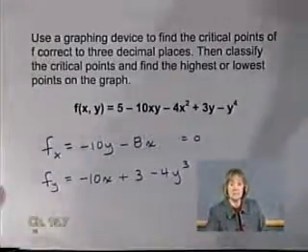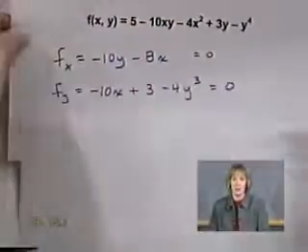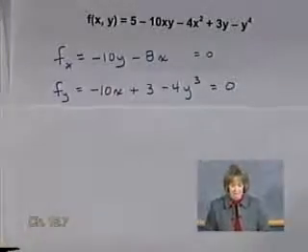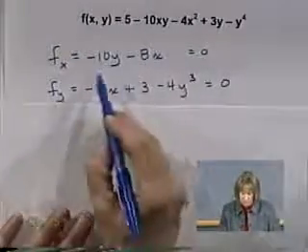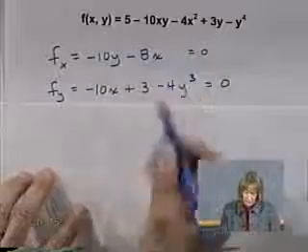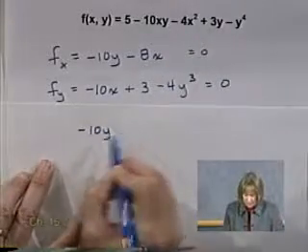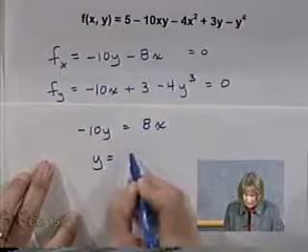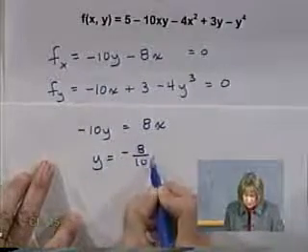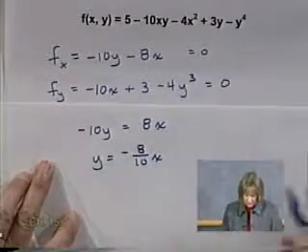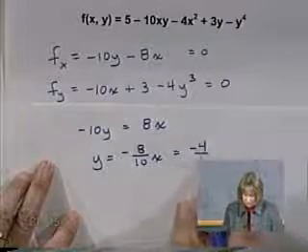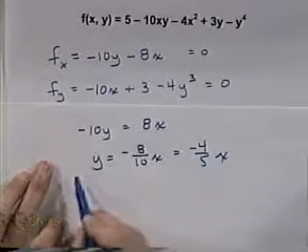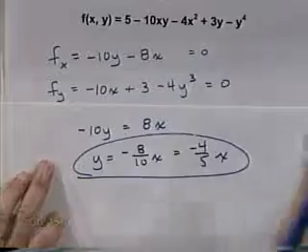All right, now this system is not so nice. If I look at it, I go, how can I solve that? Well, I could take the top equation and solve for y in terms of x. So I get minus 10y equals 8x, or if I divide by a negative 10, y equals negative 8/10 x, or how about negative 4/5 x? So I have y equal to negative 4/5 x.